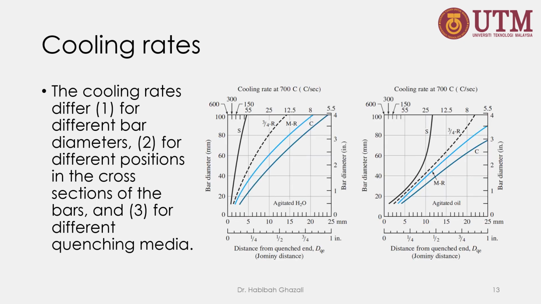This figure shows bar diameter versus cooling rate curves for different cross-section locations within a steel bar using different quenching media, which is water and oil.